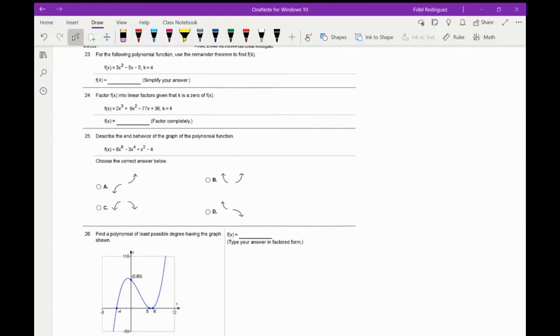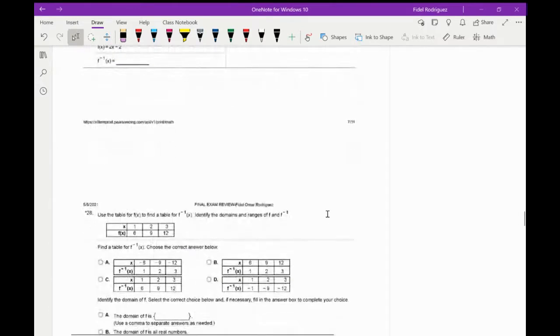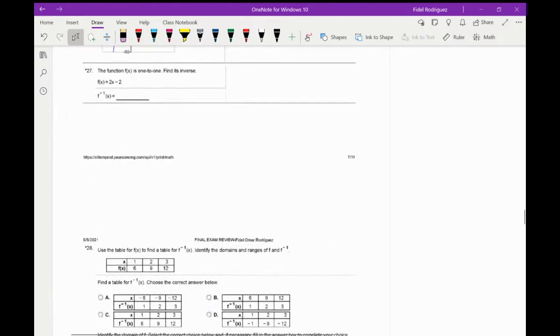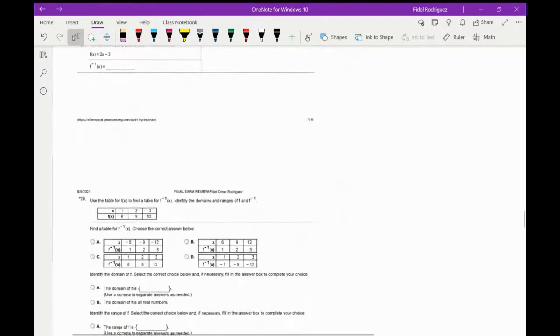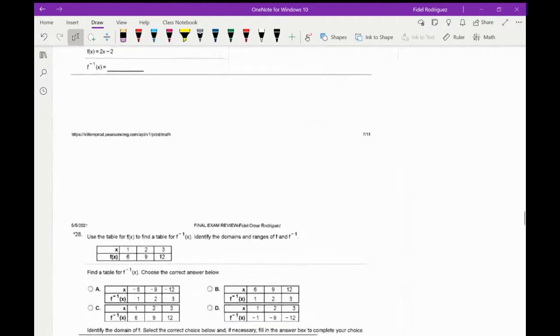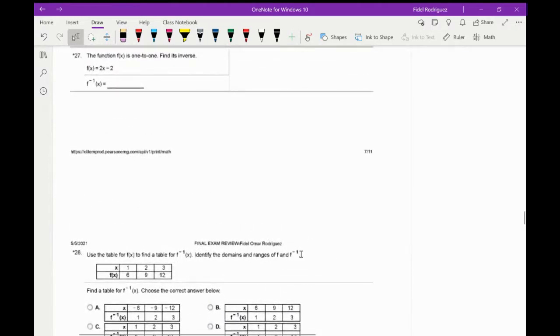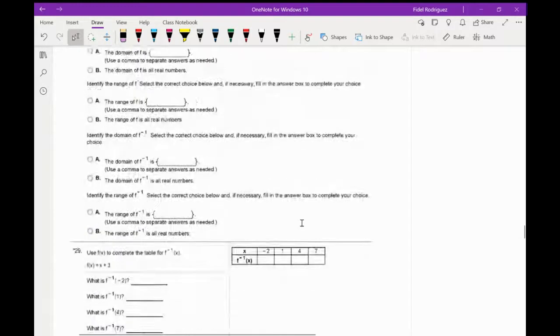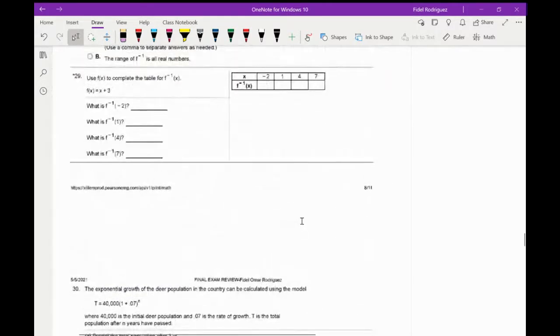Okay, so then let me keep scrolling. Anyone have any questions about 27 or 28? Anybody got any questions about 27 or 28? Alrighty. So then we'll keep moving along.